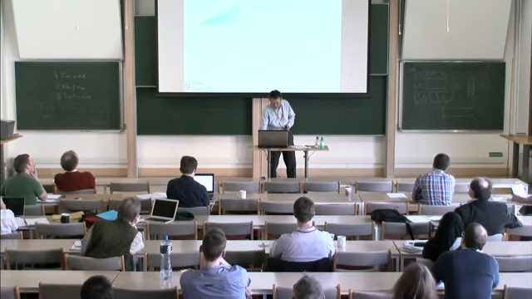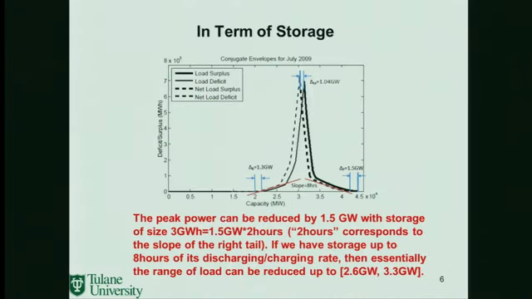I'm not going through this, but I do want to show you this picture. Basically, this is the trade-off between the energy and power domains. This is from California. The solid line is the load, and the dotted line is the load minus wind, the net load. On the right-hand side, the horizontal one, this is the peak load, and the lower one is the base load, the lowest instantaneous power, which usually happens at night.